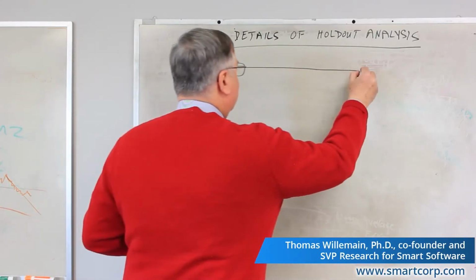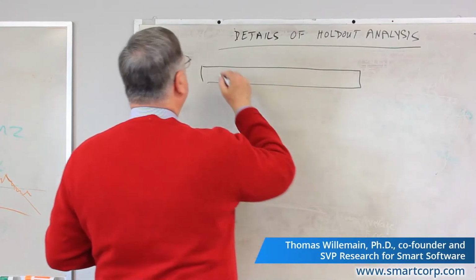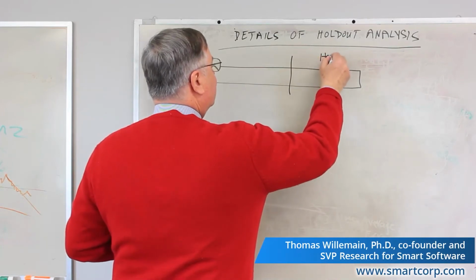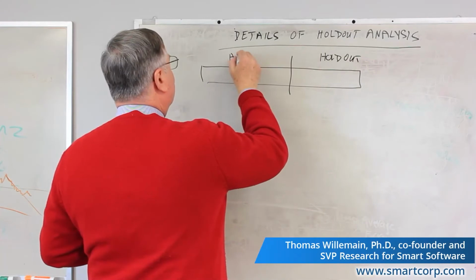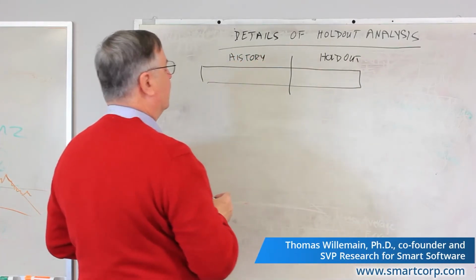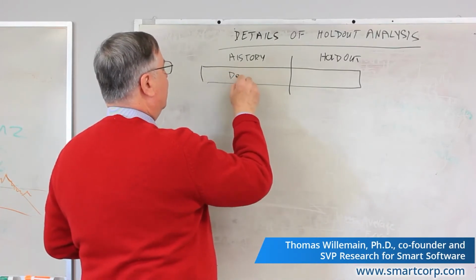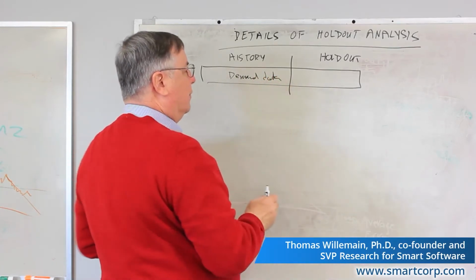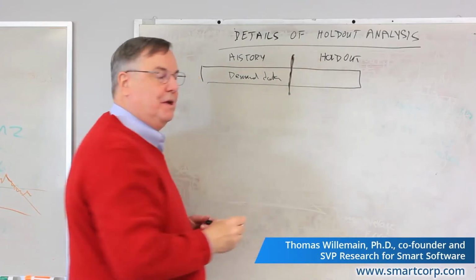So imagine this is our data, and we're going to divide it into a holdout section, which we hide, and we'll call that a history section, which we use. So we will use the data in here. This is our demand data. And we will temporarily split them here.